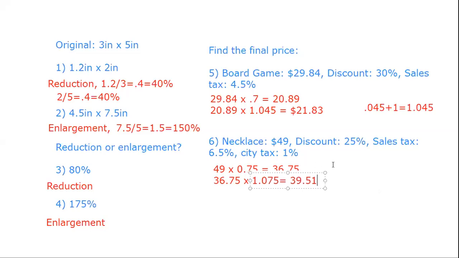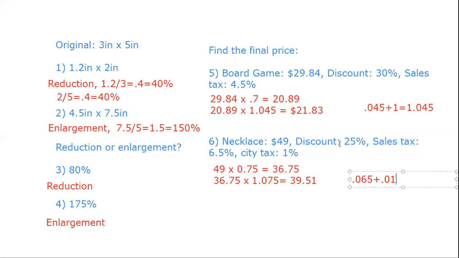Wait, where did you get the 0.75 from? We have 6.5% and a 1%. To get the 1.075, we add these two together, and then we tack on the one like we did the last time. Where did you get the 0.75 for the 49 times 0.75?